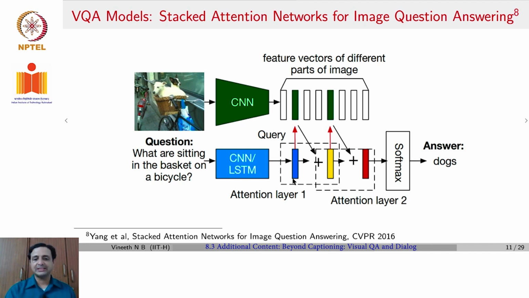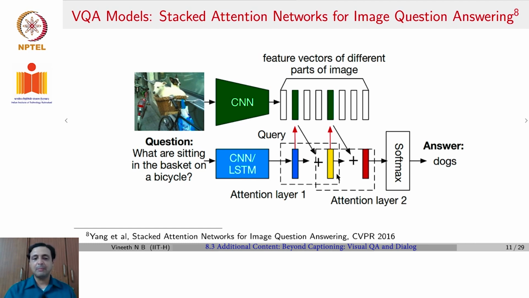And the output of the LSTM gives you a representation for the question. This question is passed to the feature vectors of different parts of the image, and between the feature vectors of the image and the question representation, the model gives us a certain attention map on different parts of the image.